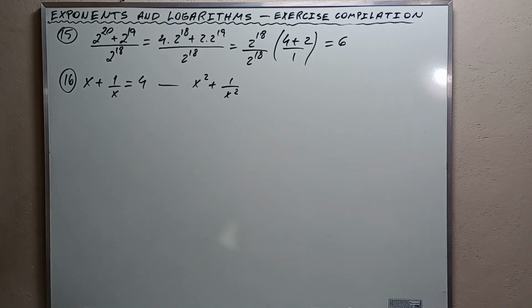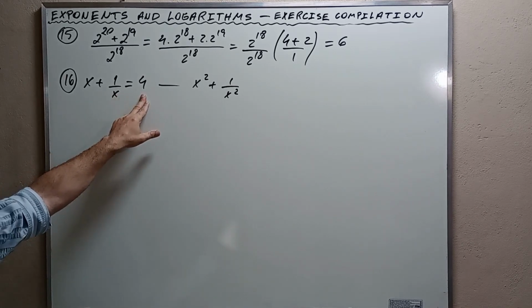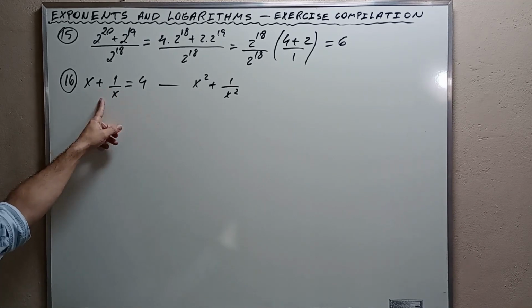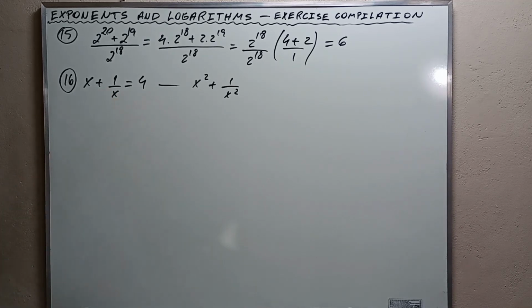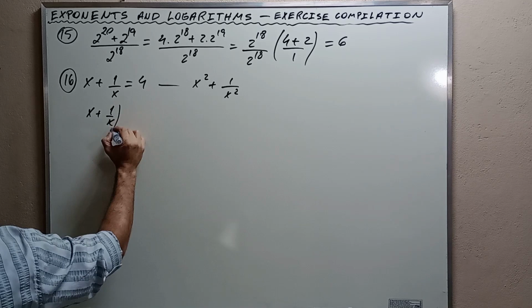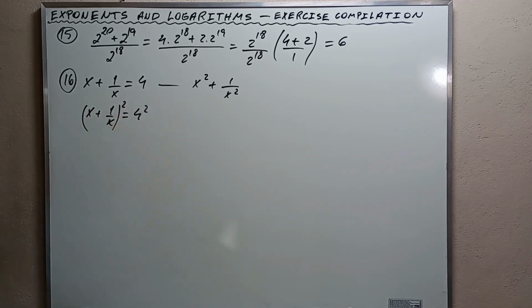The technique that I can see, if maybe you can see another solution, but the solution that I can see is to raise both sides of this equation to the power of 2, or if you prefer, to square both sides, and it becomes (x plus 1 over x) squared is equal to 4 squared.